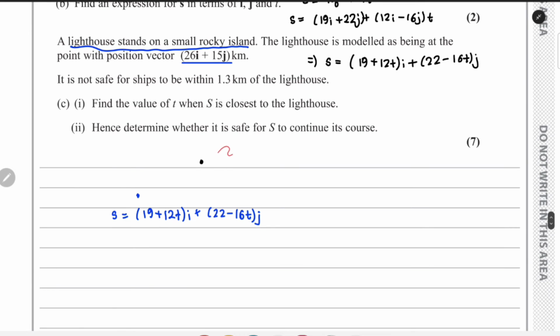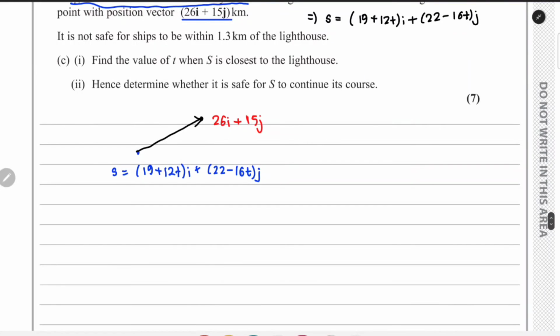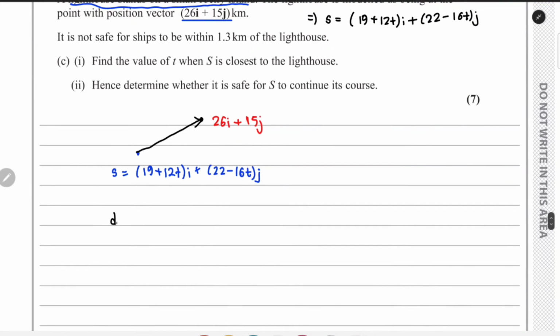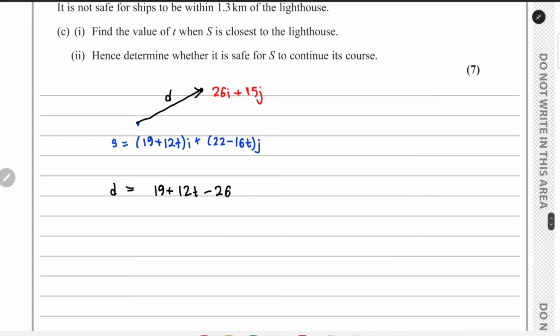And this lighthouse has a position vector of 26i plus 15j. So this vector over here, the distance of the lighthouse from the ship, I'll consider as d. So d will be (19 plus 12t minus 26)i plus (22 minus 16t minus 15)j.